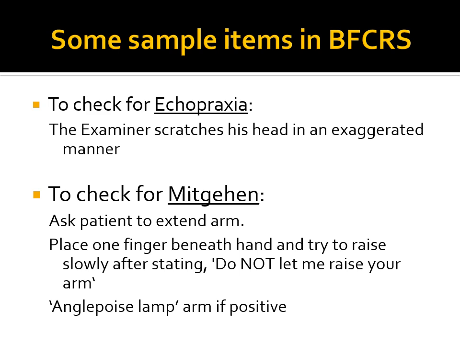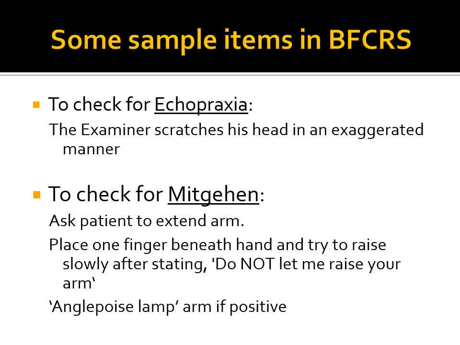And to check for Mitgehen, which is a form of automatic obedience, ask the patient to extend the arm, place just one finger beneath and try to raise it slowly, saying, "Do not let me raise your arm."